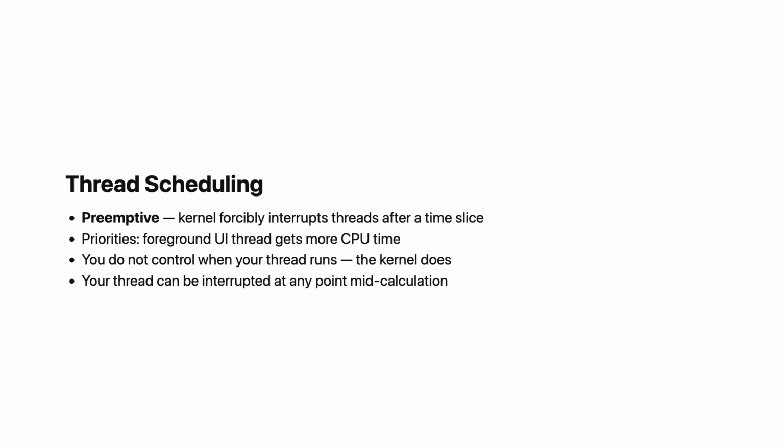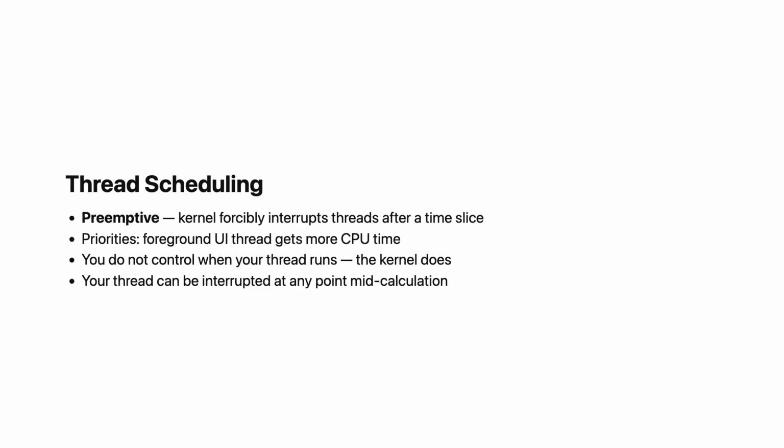There are also nice values and cgroup controls that Android uses to further prioritize foreground work. The key takeaway is that you do not control when your thread runs. The kernel does. Your thread might be in the middle of a calculation and get interrupted at any point. This has profound implications for correctness, as we will see when we discuss race conditions.